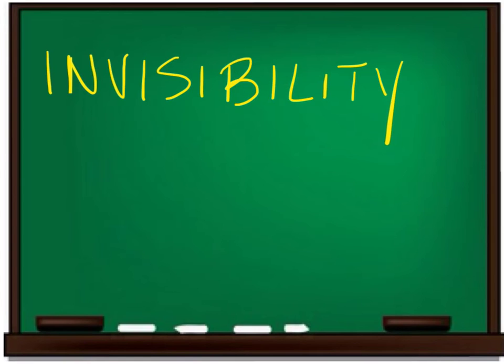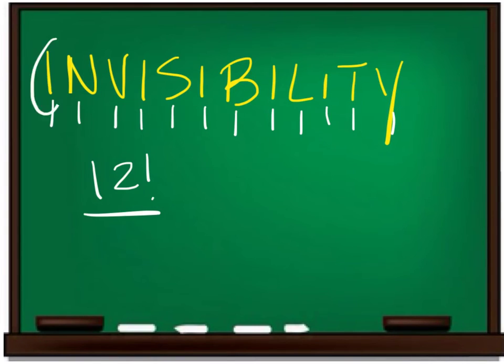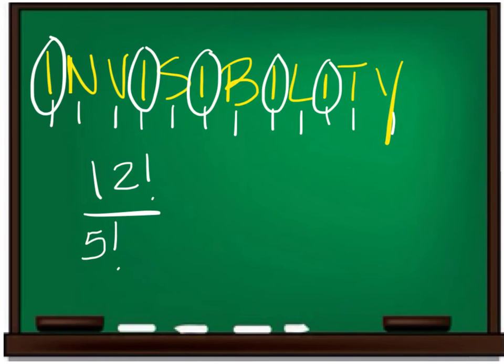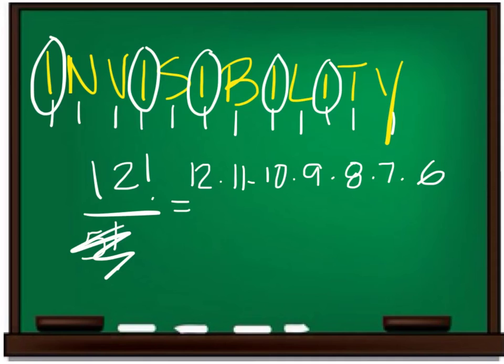For this problem, you have 1, 2, 3, 4, 5, 6, 7, 8, 9, 10, 11, 12 letters. We have 1, 2, 3, 4, 5 I's. Anything else repeat? N, V, S, B, L, T, Y? Nope. So we really have 12 times 11, 10, 9, 8, 7, 6. Cancels out on the bottom.